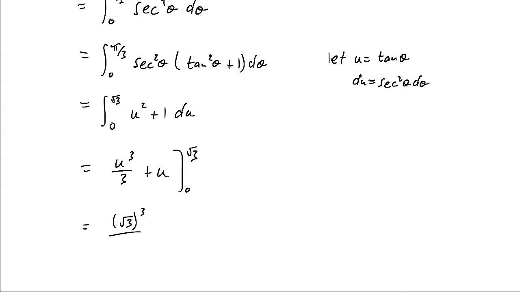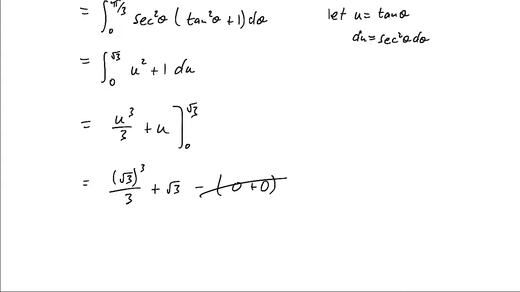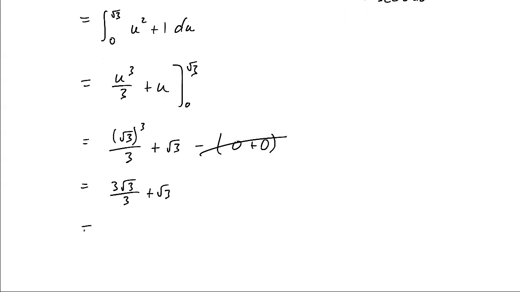So root 3 over 3 plus root 3 minus 0 plus 0, so that's all dead. Let's practice some simplifying. This will be 3 root 3 over 3 plus root 3, so this will come out as 2 root 3's, right? Because my 3's divide out, and 1 root 3 plus 1 root 3 is just 2.